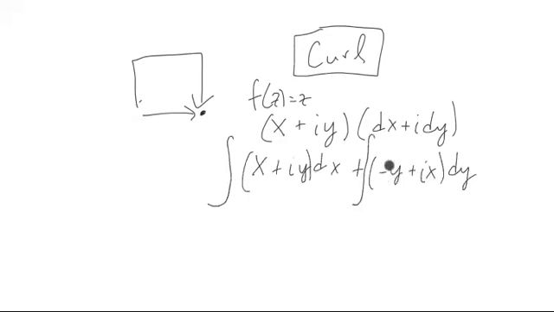But we break it up into imaginary and real parts here. So we end up getting x dx minus y dy plus a factor of i times y dx plus x dy.